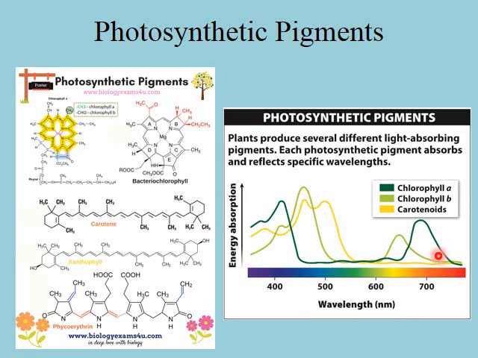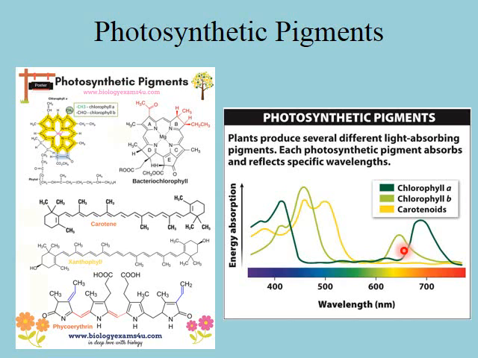That is why the carotenoids are this orange color, and then the xanthophylls will be reflecting more of a yellowish color. And so why are there so many of these pigments found in the same thylakoid? It's because they're able to absorb all of these different wavelengths from the sun.